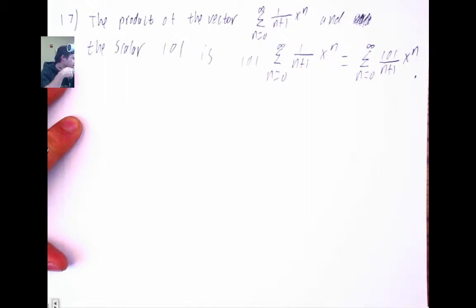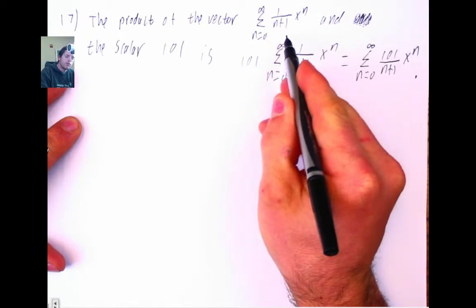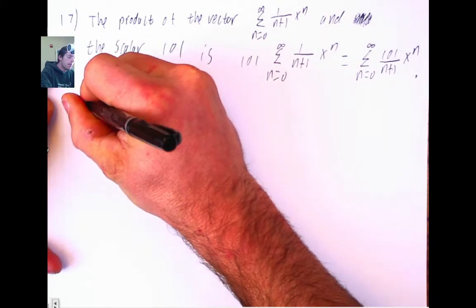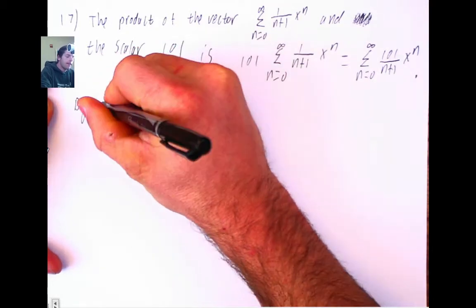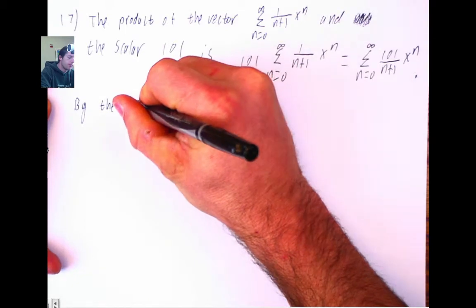Now, we're asked, additionally, does that scalar multiplication change the interval of convergence? Well, let's talk about the interval of convergence of the original series then. By the, I'm going to go with the ratio test.